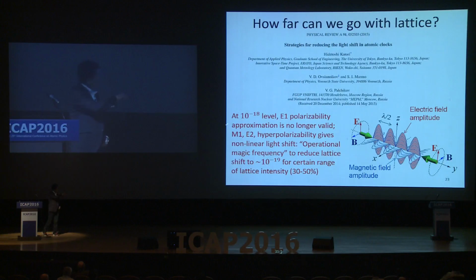Instead, we need a magnetic dipole or electric quadrupole interaction and also the hyperpolarizability effect to describe the lattice light shift. But by managing these 1, 2, 3, 4 contributions, we expect we are able to achieve 10 to the minus 19.